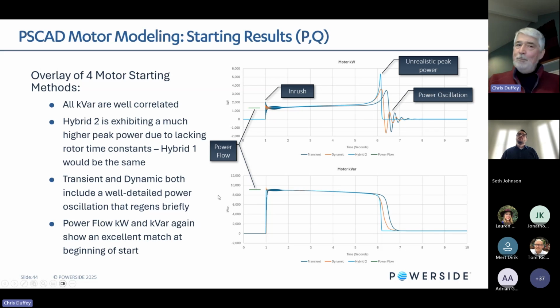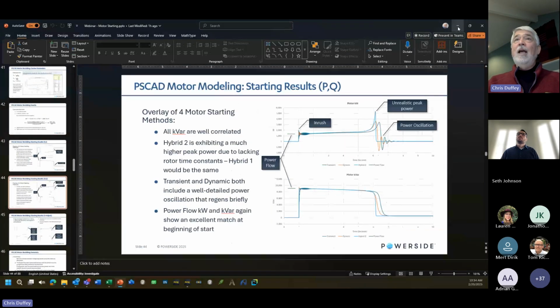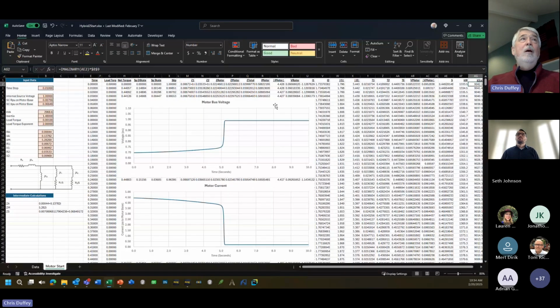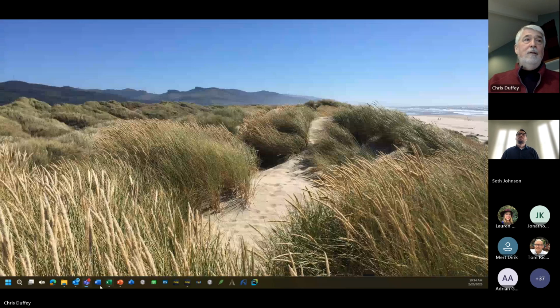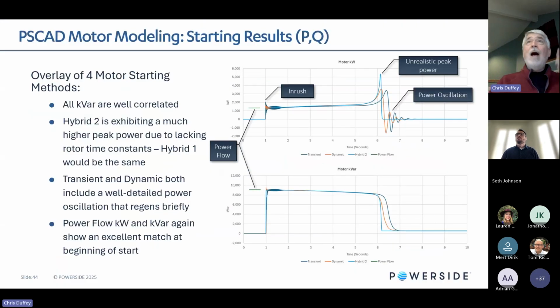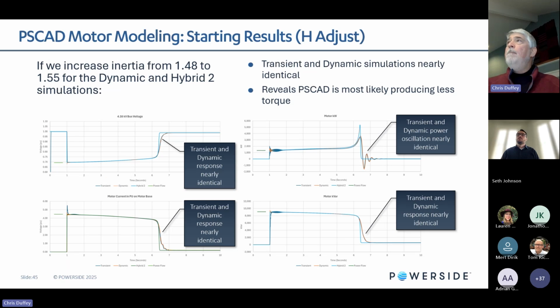So this is benchmarking. I'm comparing 3 tools: a PSCAD simulation and a hybrid 2 put onto the inside of a spreadsheet that I modeled myself. And we're getting really good answers. Now, I noticed that the starting time was a bit longer, which means I think that the PSCAD model isn't generating quite enough torque.